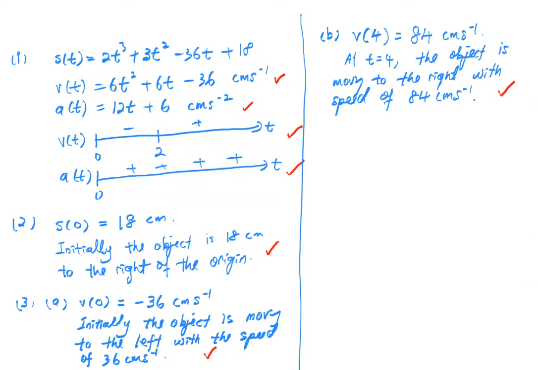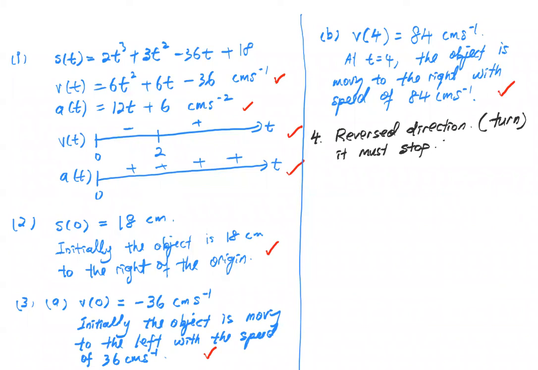Okay, part 4. Find the time and the position when the object reverse direction. So this is a key word: reverse direction means turn. If it wants to turn, it must stop.